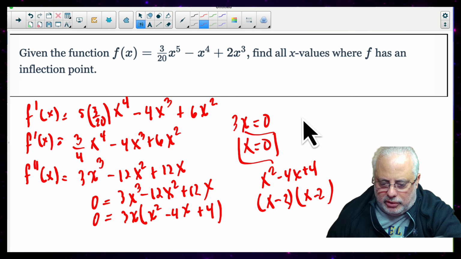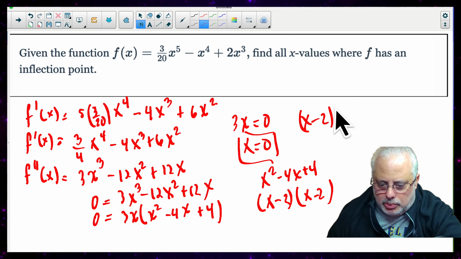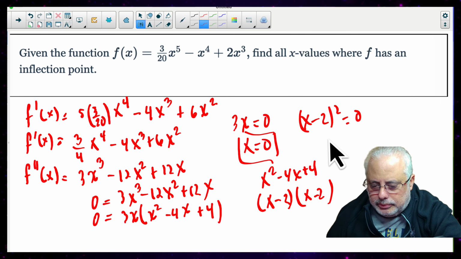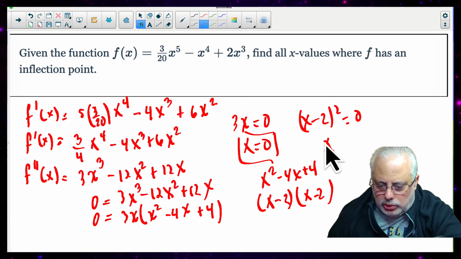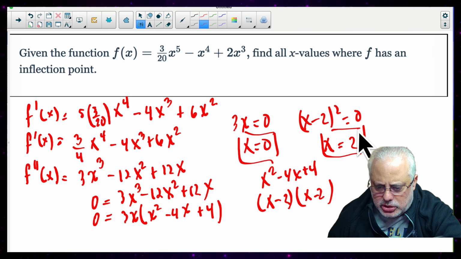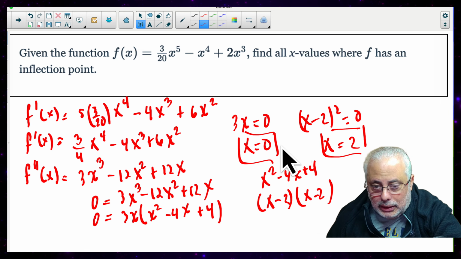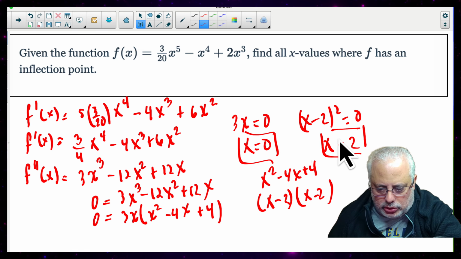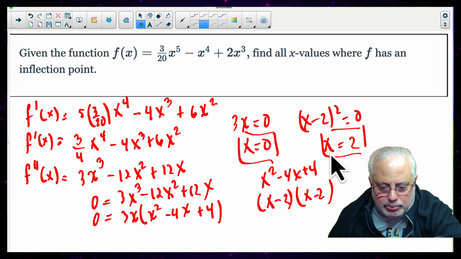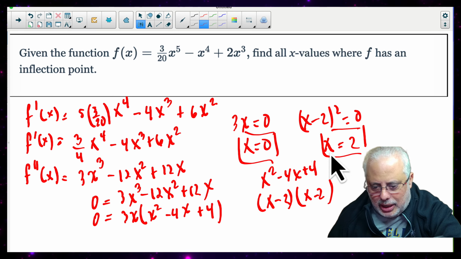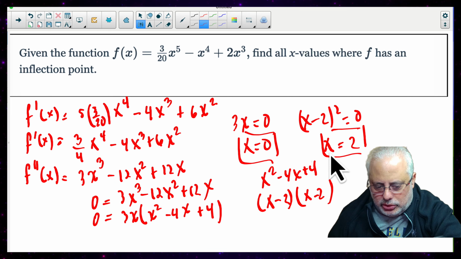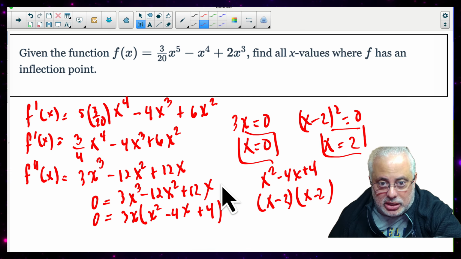So we also have here x minus 2 to the power of 2 equals 0. So we have another possible inflection point here, x equals 2. So we have x equals 0 and x equals 2. Now, where does the second derivative change sign? We need to prove it by plugging values around 0 and 2 into the second derivative and notice if they change sign.